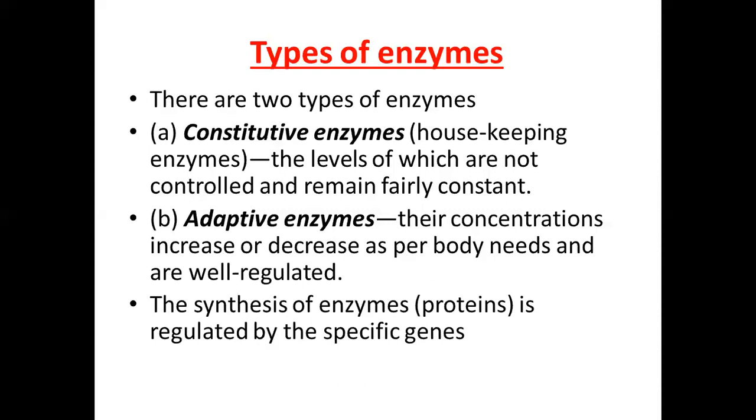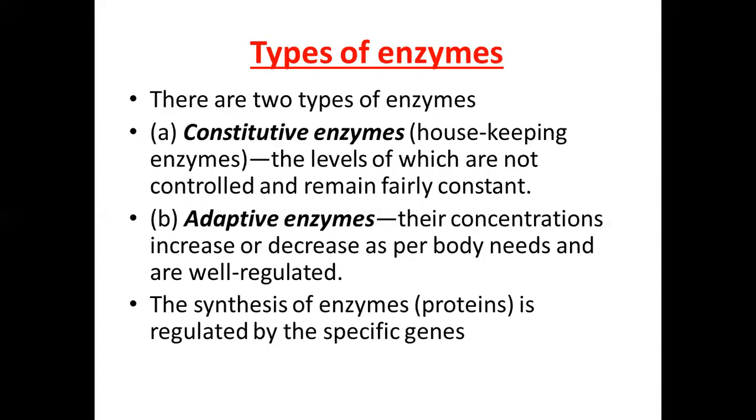It means that when the body needs more of certain types of enzymes, they will be synthesized in higher concentration, and therefore they are well regulated, and the regulation mechanism is there to keep their concentration at a certain optimum level.